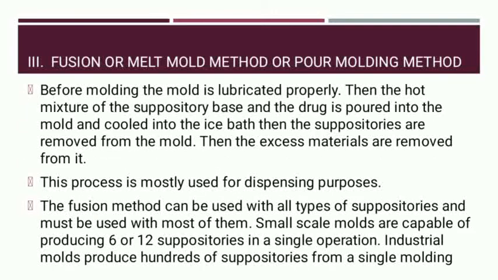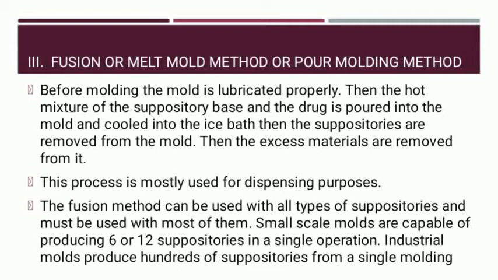Before molding, the mold is lubricated properly. Then the hot mixture of the suppository base and the drug is poured into the mold and cooled in an ice bath. Then the suppositories are removed from the mold, and the excess material is removed from it. This process is mostly used for dispensing purposes.